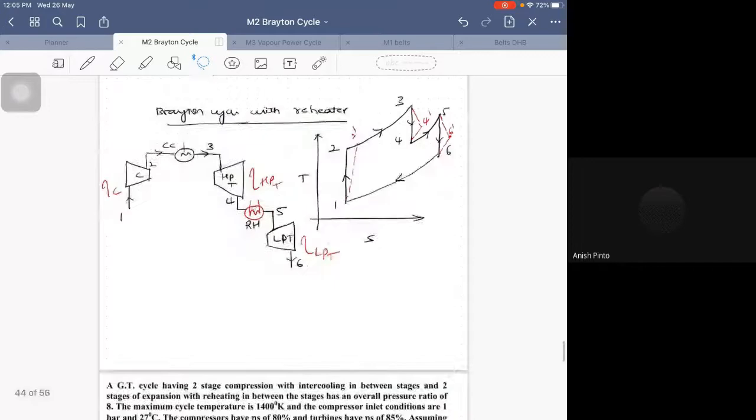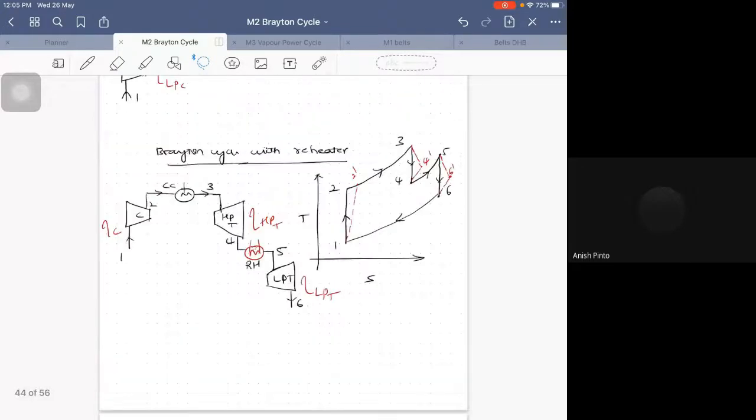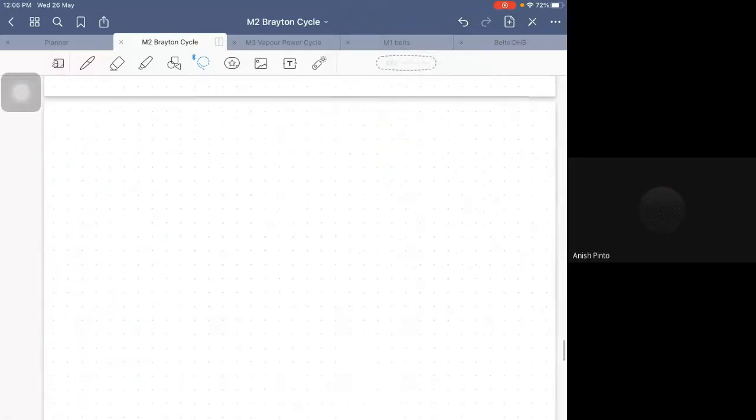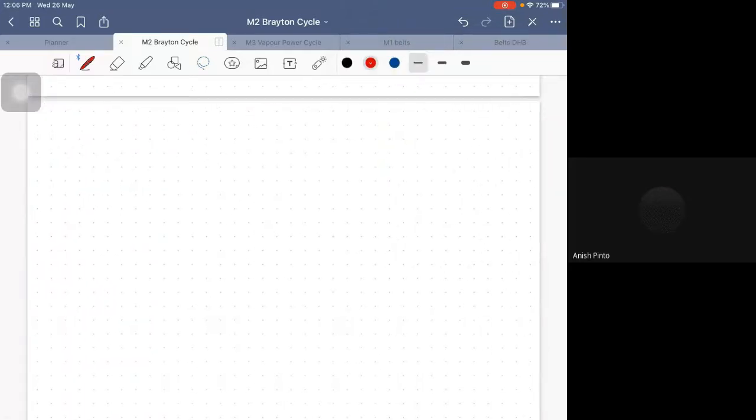Now, next, let's see how many of you could analyze this. Okay, now what I will try to draw is a Brayton cycle with reheater plus intercooler.